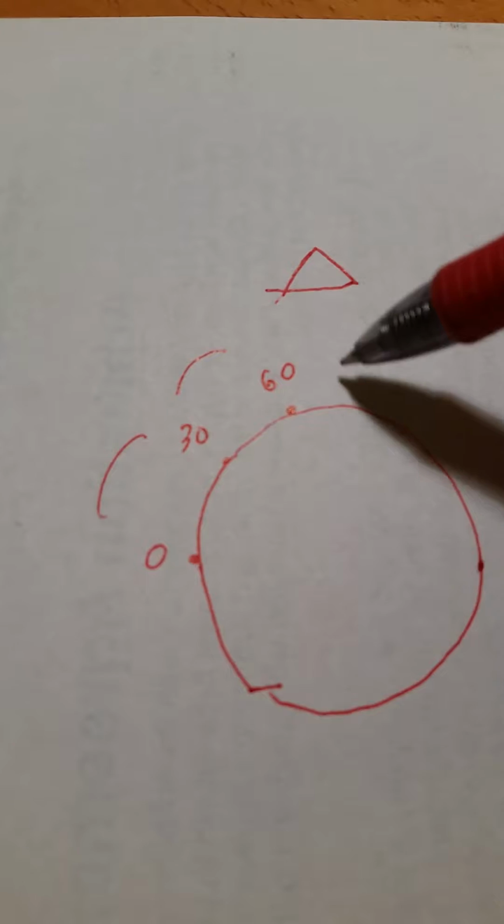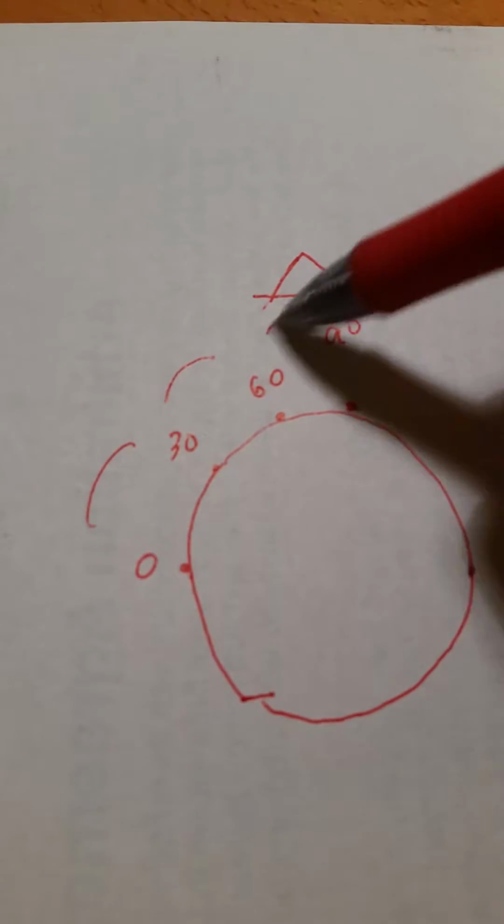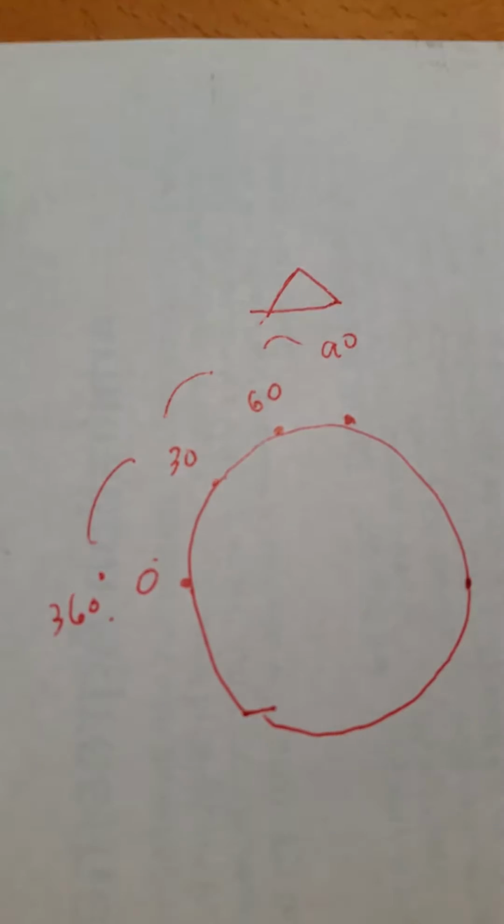The increments are 30s. So from here to here it's 30 degrees. From there to there it's another 30, and then it goes on to 90, and it keeps going all the way around until you get to 360 degrees.